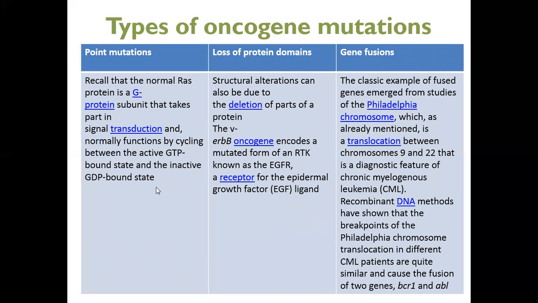There are three types of oncogene mutations. Oncogenes may have point mutations, loss of protein domains, or gene fusions. In point mutation, for example, if we recall the normal RAS protein, a G protein subunit that takes part in signal transduction and normally functions by cycling between the active GTP bound state and the inactive GDP bound state.